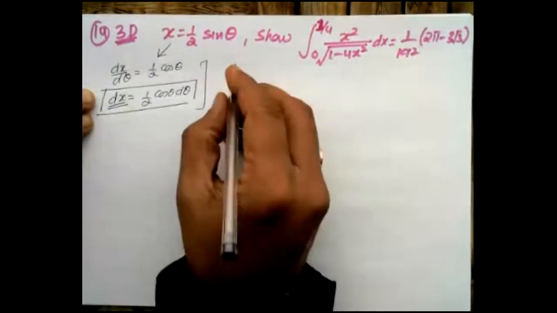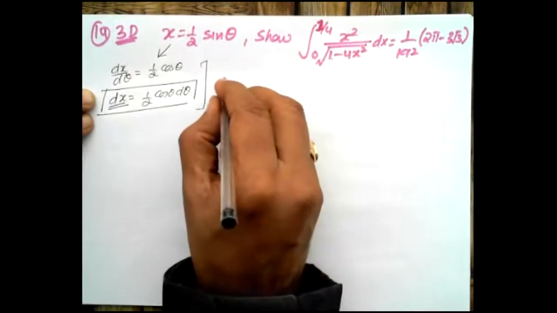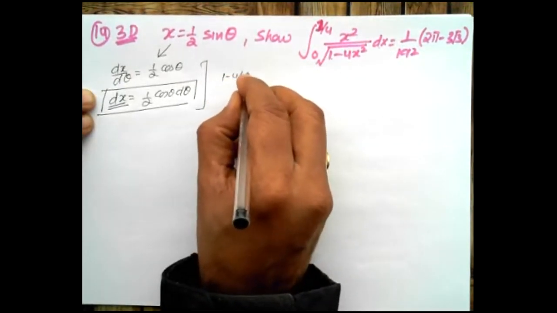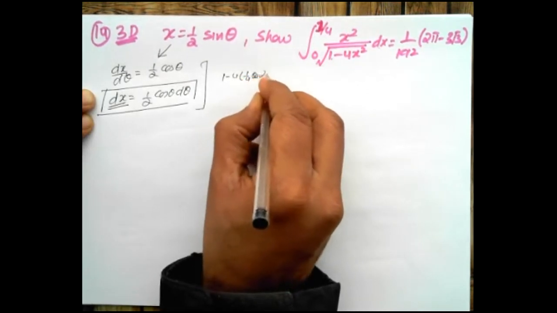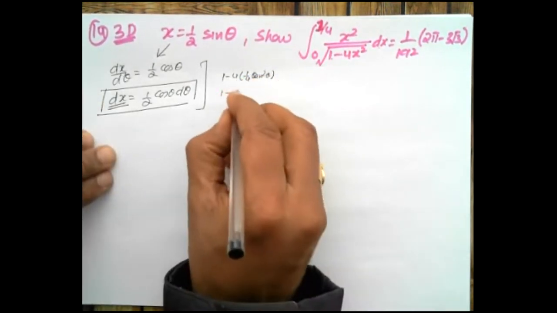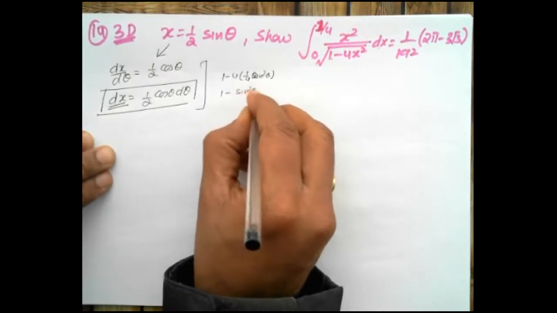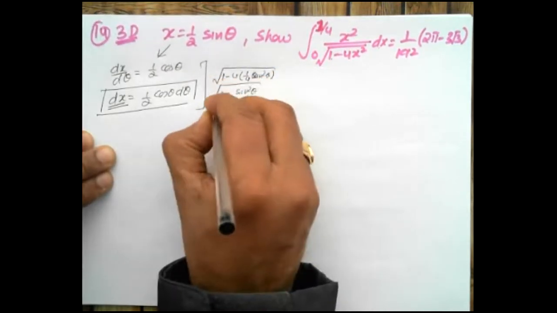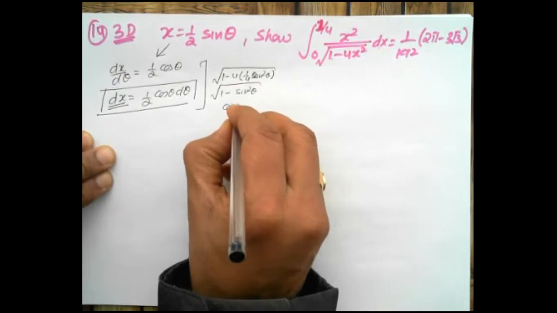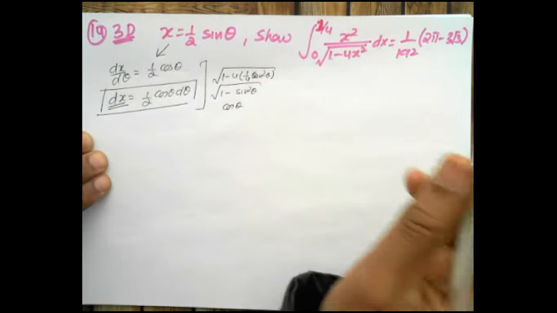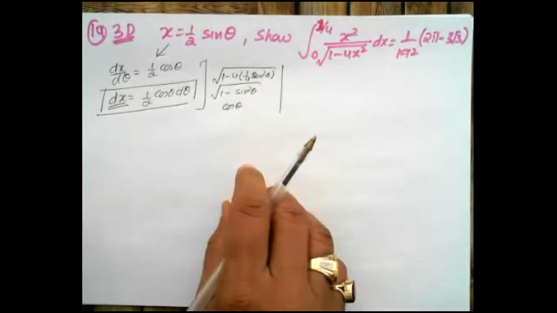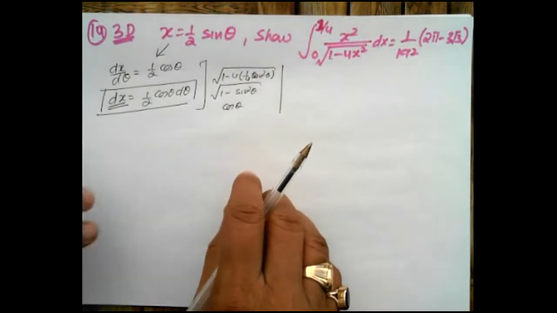Okay, so when x is half sine theta, 1 minus 4 times 1/4 sine square theta gives you 1 minus sine square theta, and the square root of that gives you cos theta, because the denominator becomes cos theta. Okay, and the numerator will be 1/4 sine square theta.